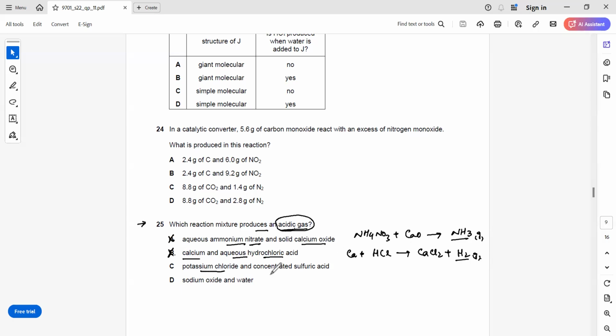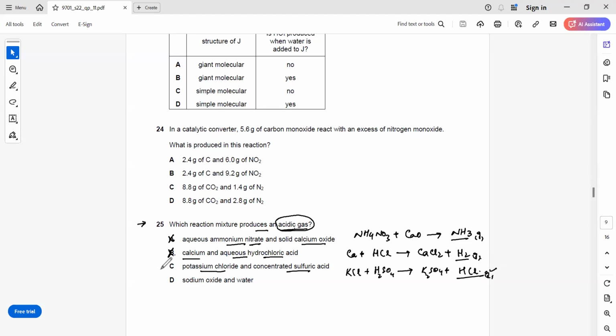Now, potassium chloride, when it reacts with sulfuric acid, we have discussed this reaction in the production of halogen acids in organic part. So it will give us potassium sulfate and HCl gas. So which is acidic gas? Yes.